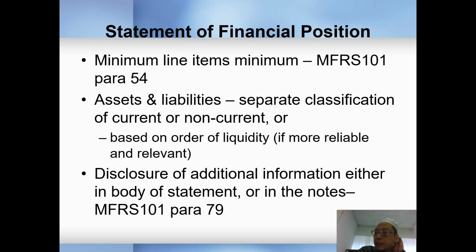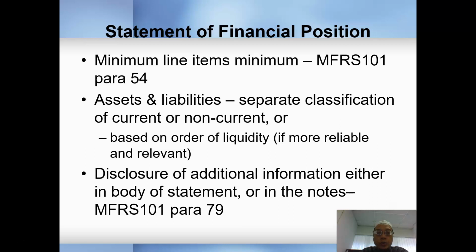Similarly for liabilities, they will show the more liquid liabilities on top and the less liquid liabilities at the bottom. But they should only do this if it is more reliable and relevant. Otherwise, they should show assets and liabilities in terms of whether they are current or non-current.